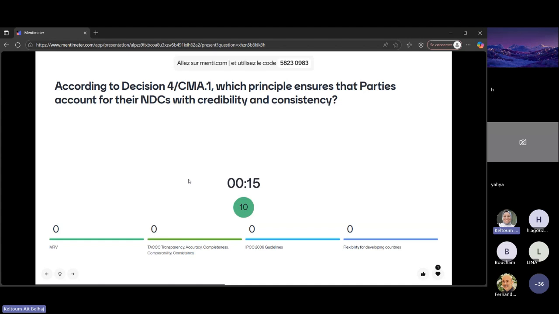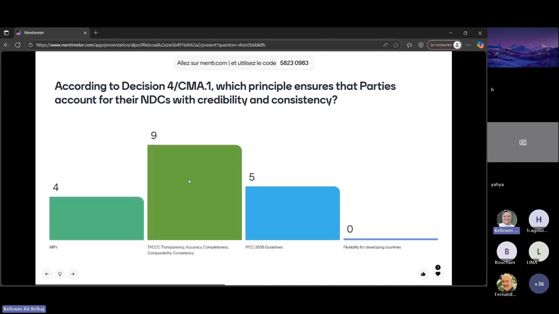Is it MRV, TACCC principles, IPCC guidelines, or flexibility for developing countries? Now we are talking about consistency and credibility. It's actually the TACCC: transparency, accuracy, completeness, comparability, and consistency.